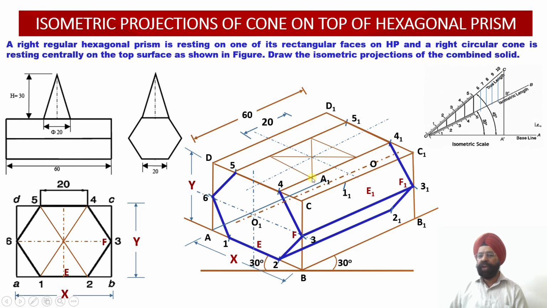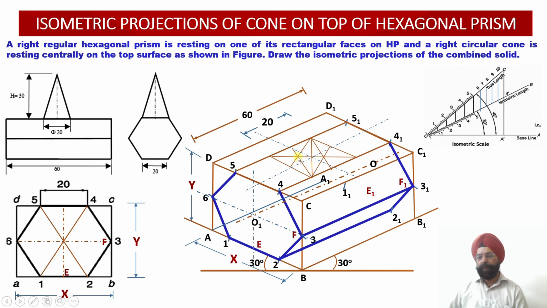Now from every corner of this particular minor diagonal, there are 2 corners. From one corner, I am going to draw a projector which will join the midpoint of the opposite edge. Similarly, on the other side also, I will draw another projector which will join this midpoint over here. Similarly, from the second corner, I have joined a projector which will join the midpoint of the opposite side.